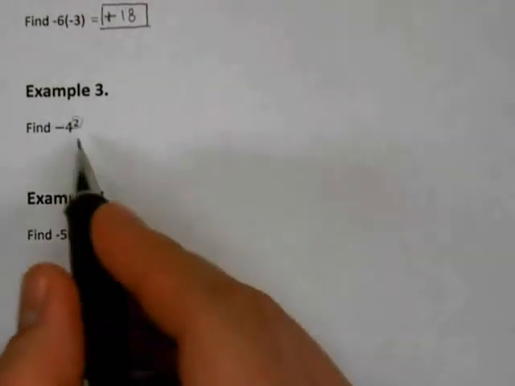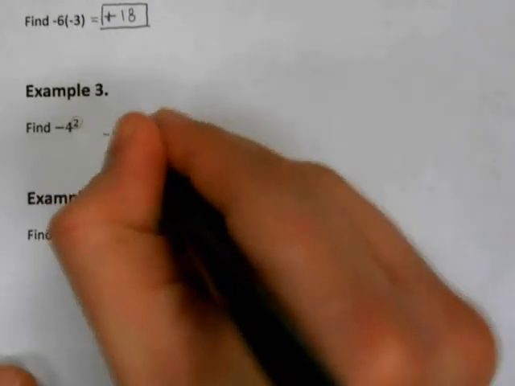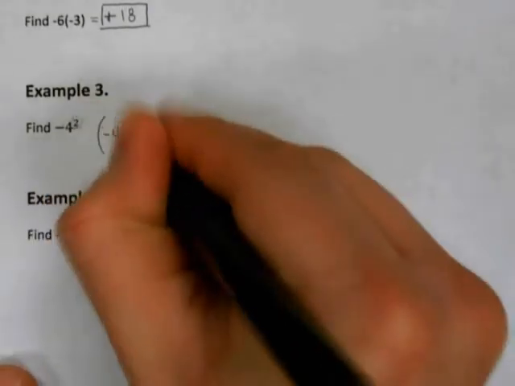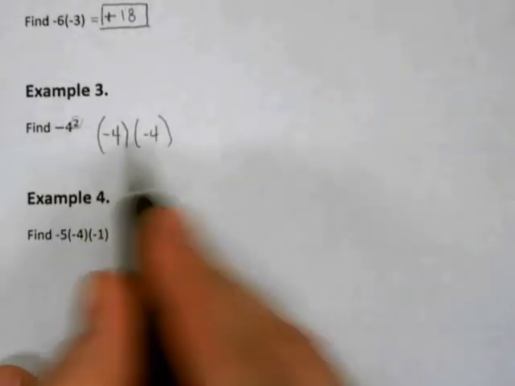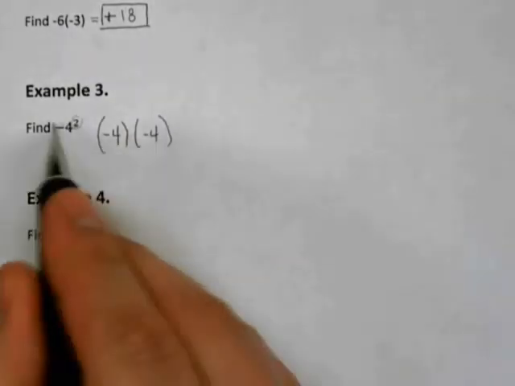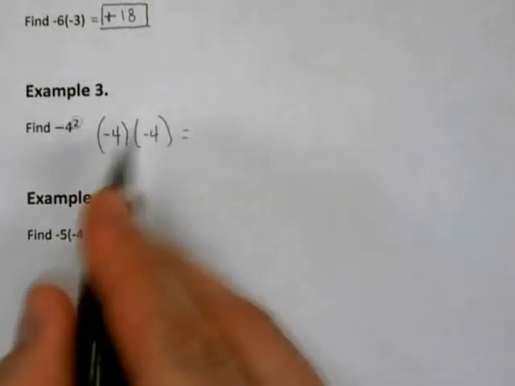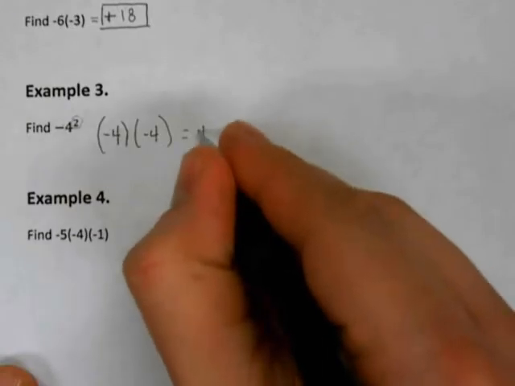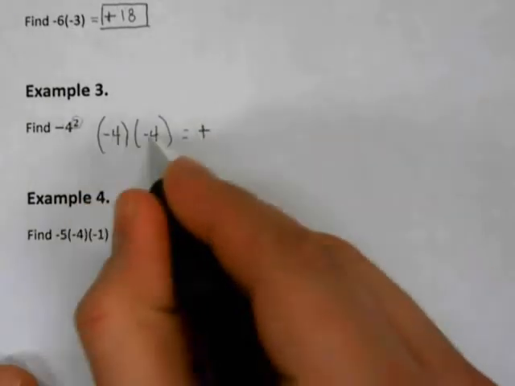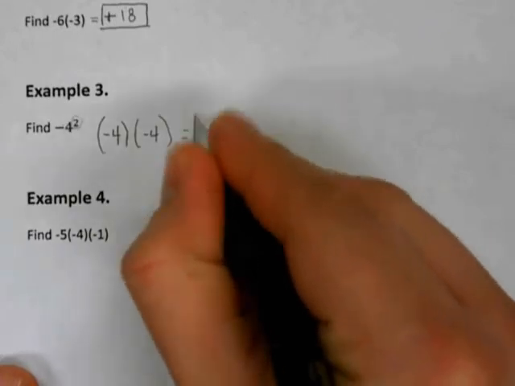What that means is really we have negative 4 times a negative 4. That 2 up there means that we're doing it twice. Negative 4, and then the same thing, a negative 4 again. Negative 4 times negative 4 is the same sign, so our answer will be positive. And 4 times 4 is 16. So our answer is a positive 16.